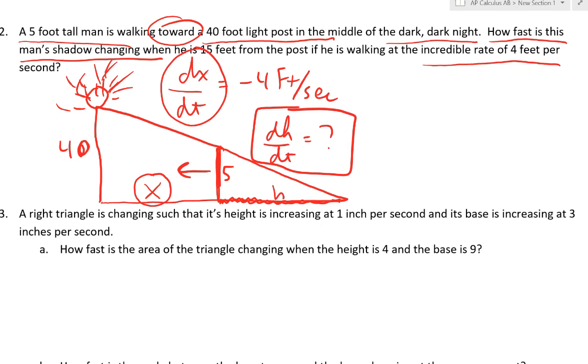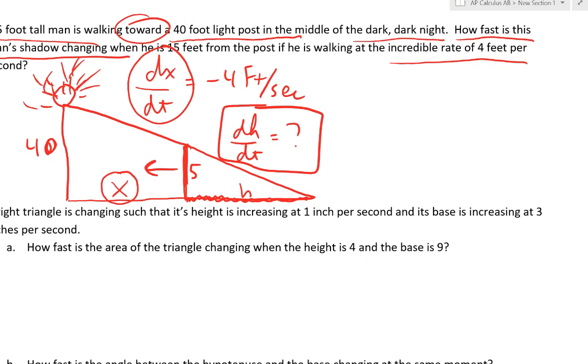So when I say we have to link them, I mean there has to be an equation that has both of them in it. And the equation that links X and H, if you look at these two triangles, look at this little triangle here. We have the side here, the vertical side, which is 5, and the horizontal side, which is H. So what's nice about similar triangles is that their sides have to be proportional.